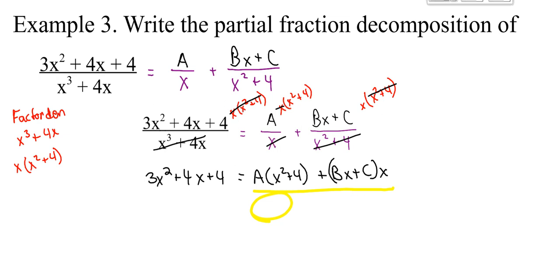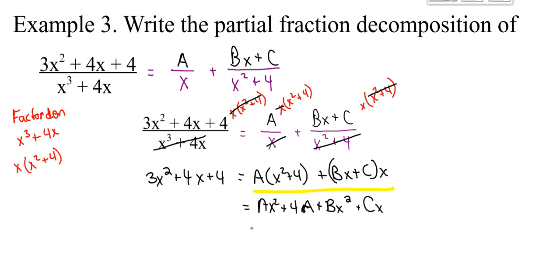When I do that, first I'll just distribute. I'll get ax squared plus 4a plus bx squared plus cx, distributing that x from the bottom back.